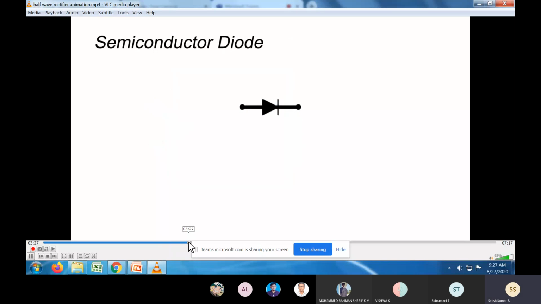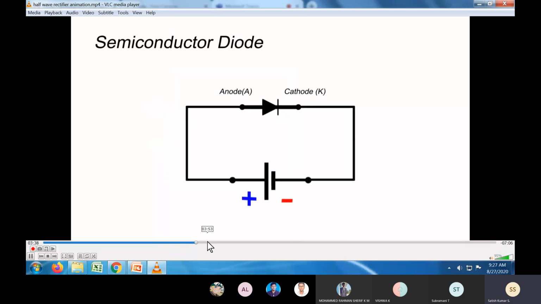The two terminals are called anode and cathode. This device has a special property that it only conducts electricity when it is forward biased. Forward bias means the anode is at higher potential or positive polarity and the cathode is at lower potential or negative polarity.